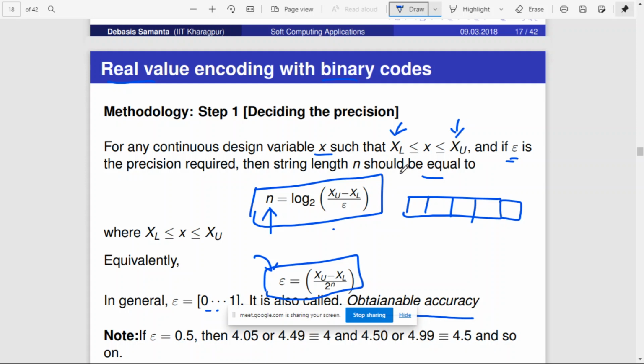So could someone summarize this slide, what we have discussed here? What is this slide talking about? Yeah, this n represents what?